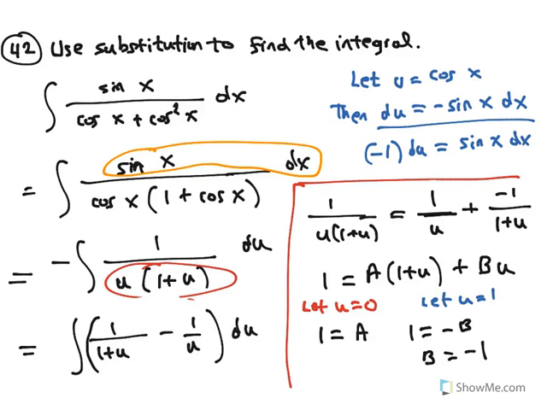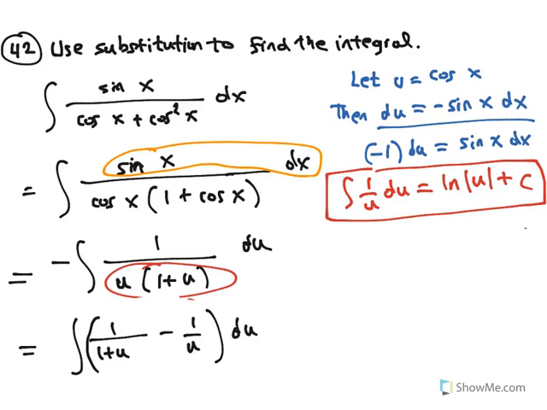And now we're able to integrate using the log rule for integration. And we will have, using the log rule for integration, natural log of the absolute value of 1 plus u minus the natural log of the absolute value of u plus a constant of integration.